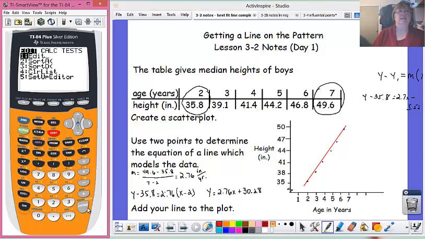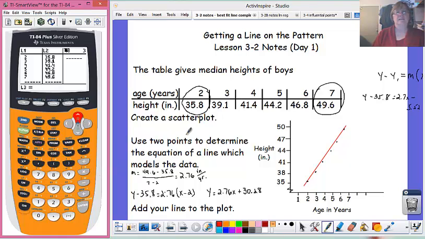And I already have put my actual ages and actual data values here. In my third list, I'm going to create a list of predicted y values. That is, I'm going to put my equation up there, 2.76 times x.